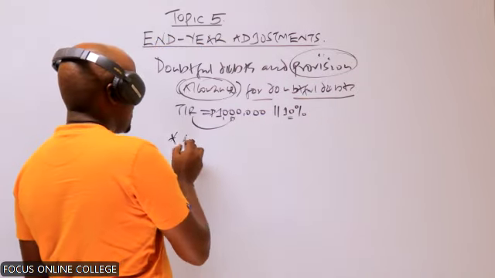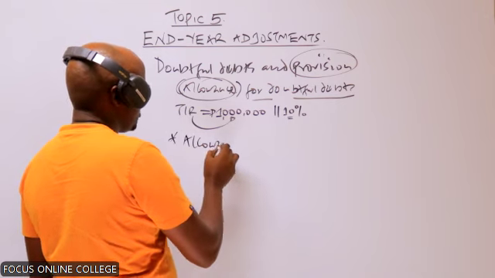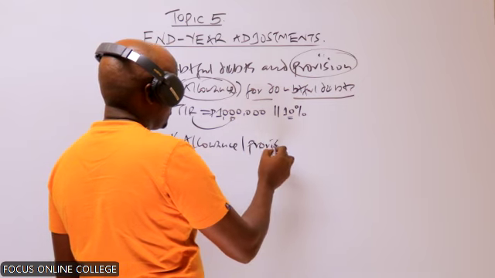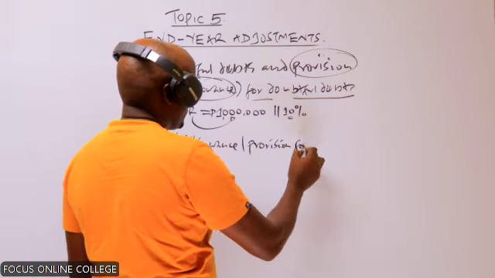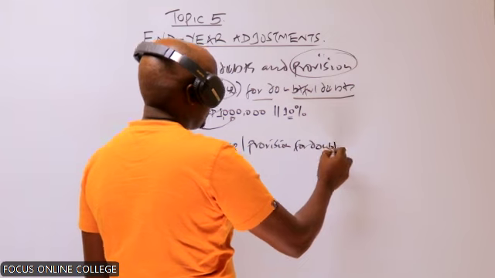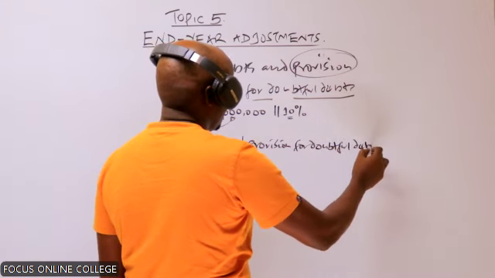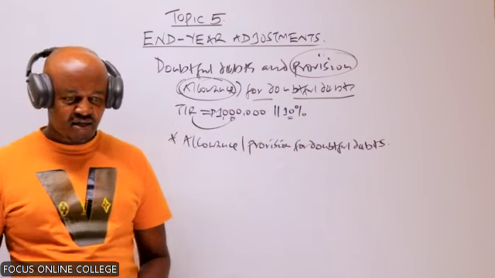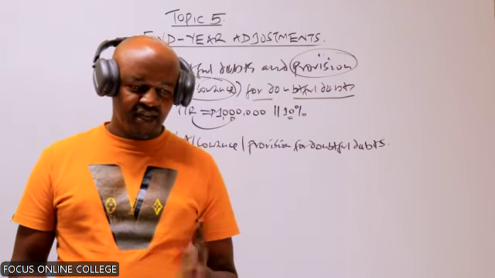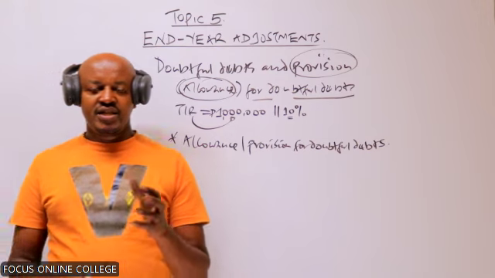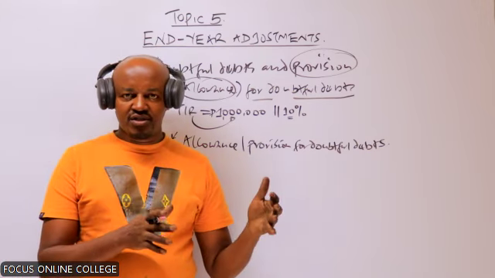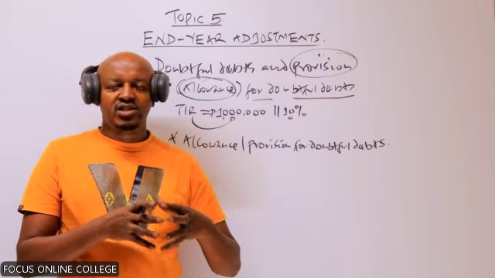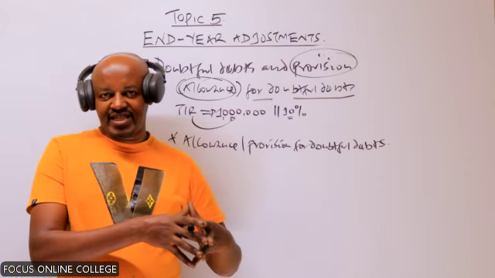So what do you mean by allowance or provision for doubtful debt? This is an amount of money which is set aside to cater for the losses which will be incurred by the business in the future once customers fail to clear their debt.